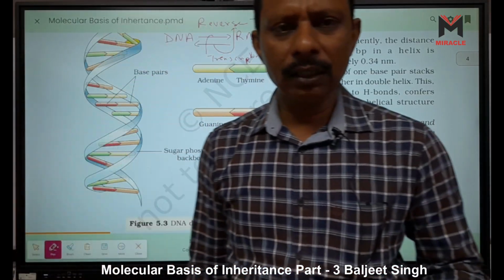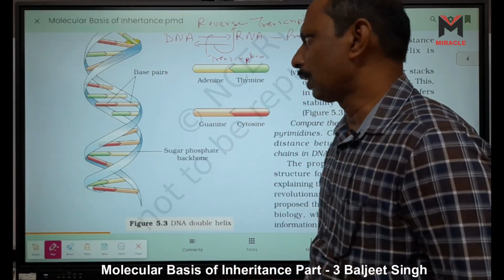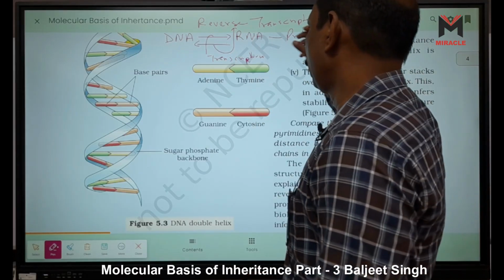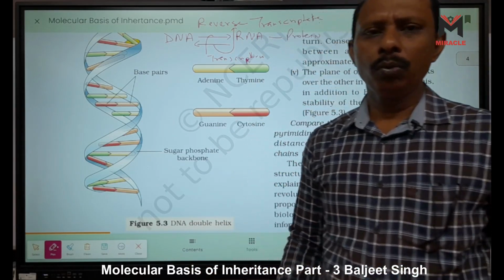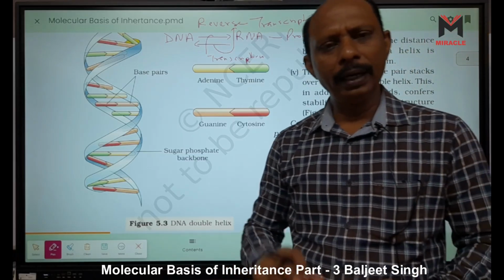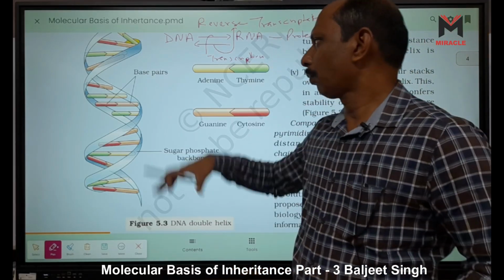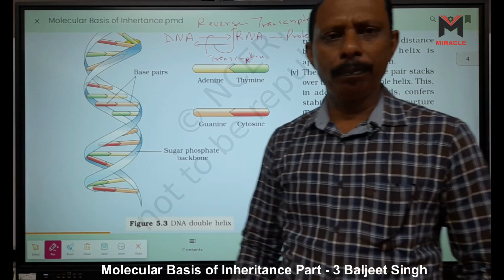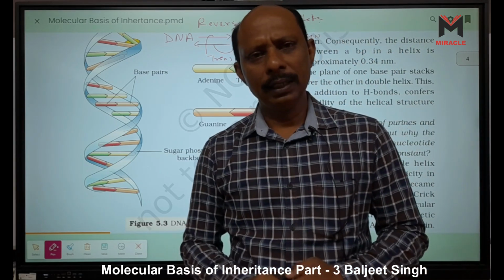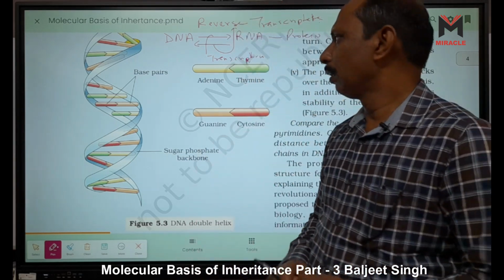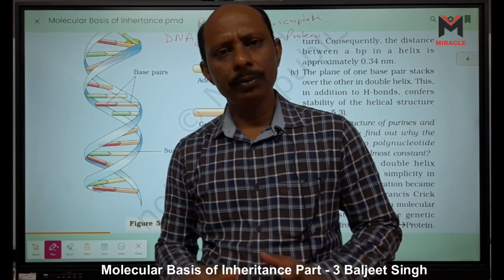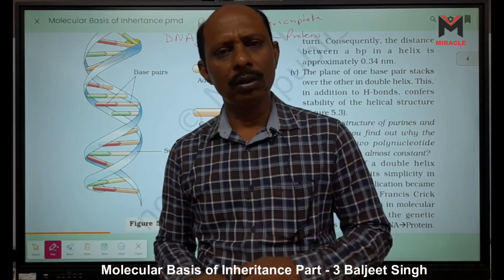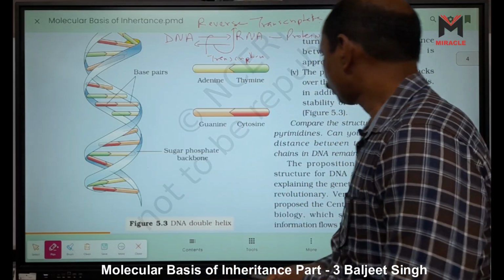So if we consider cellular organisms, we have only one central dogma, that is DNA to RNA, RNA to protein, a linear central dogma. We have two types of central dogma, linear and circular. Circular central dogma is limited to retroviruses, RNA viruses, but the linear one is applicable for all cellular organisms, we can say all living organisms. Okay.